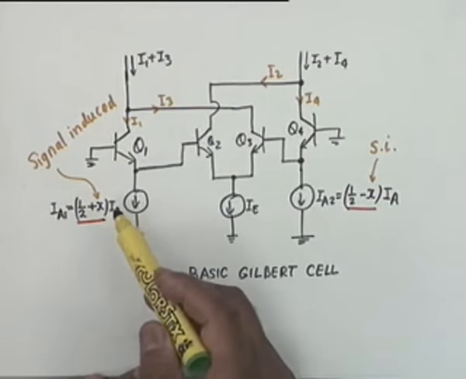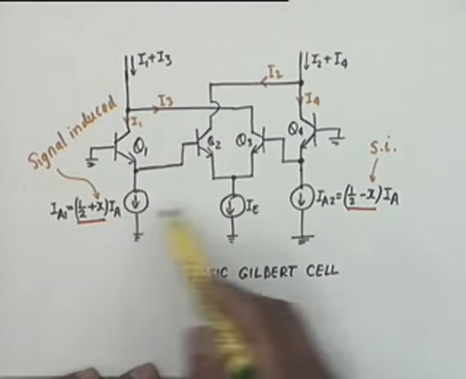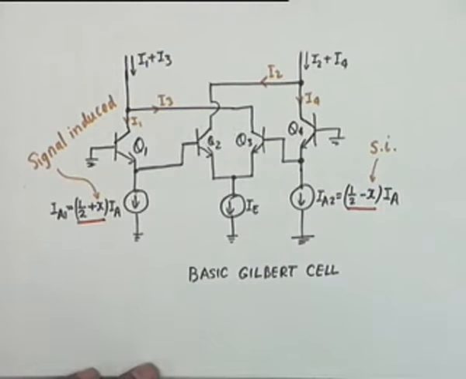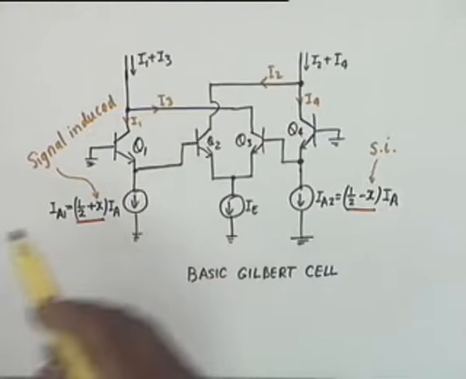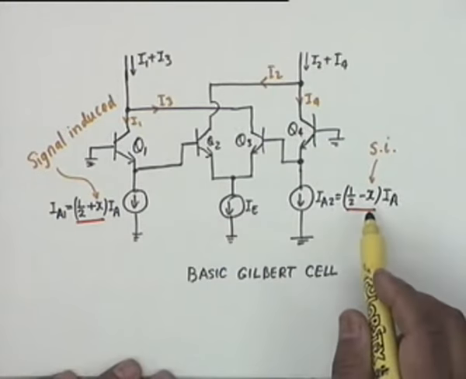You know, if there is no signal, then X is 0. This X is signal induced, and therefore of the IA, as I had shown you earlier, that was also a differential amplifier with a current source biasing IA. Half of it should go to one of the transistors, half of it should go to the other.